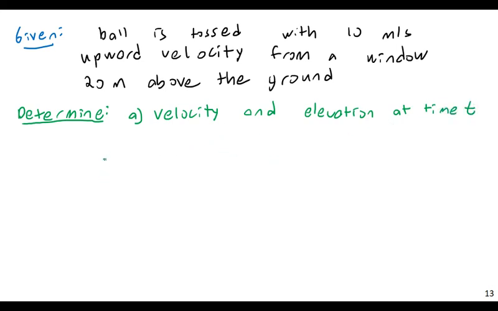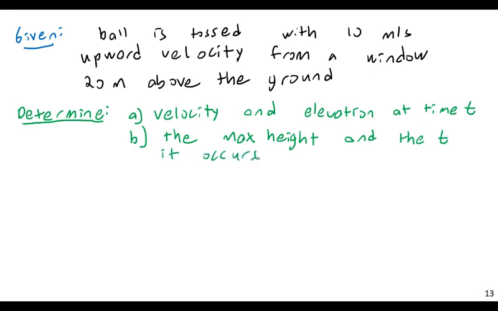b: the highest elevation reached, the maximum height, the maximum elevation, and the time it occurs at, and c: the time and velocity where it will hit the ground, the velocity of impact.